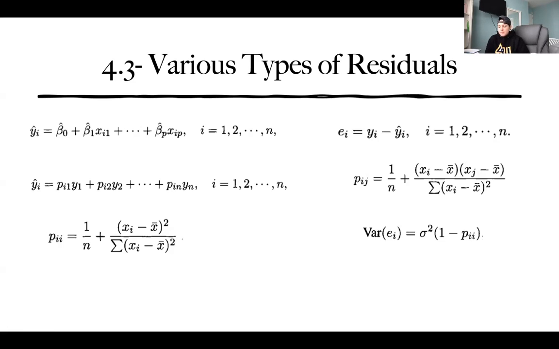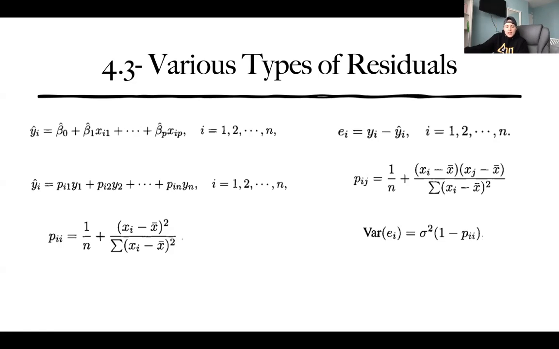While in multiple regression, this p sub ij term is going to be the projection matrix. When i equals j in the projection matrix, we can find p sub ii, which would be our term in simple regression.